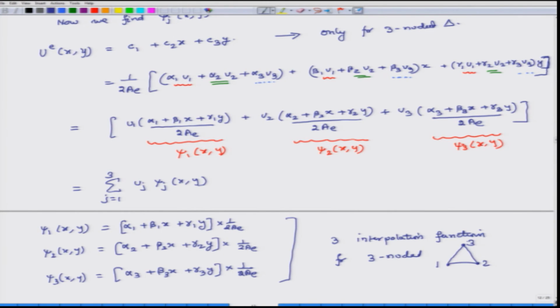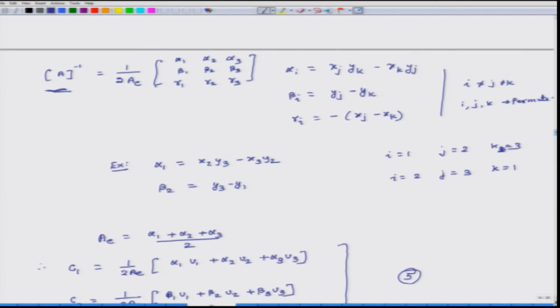Three-noded triangle. Here what we see is that psi 1 depends on x and y. All these functions are functions of x and y, and the values of alpha 1, beta 1 and gamma 1 depend on the coordinates of these three nodes.